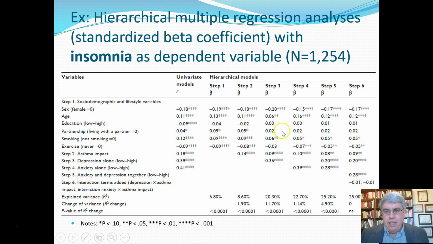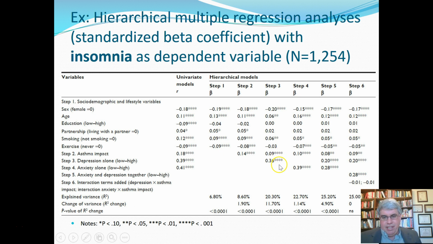Step 3, we put in depression. And that is very significant. Now, whether you're living with somebody, that becomes non-significant. And the same thing about exercise. Those no longer are significant predictors either, because they're swallowed up by the depression.